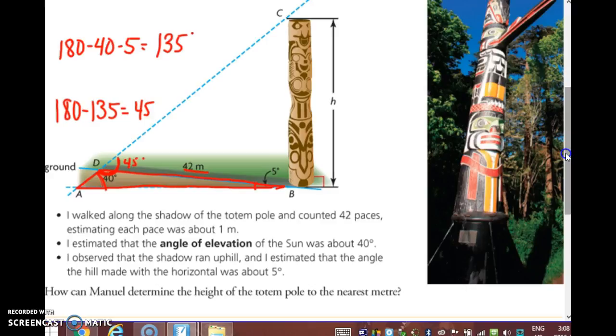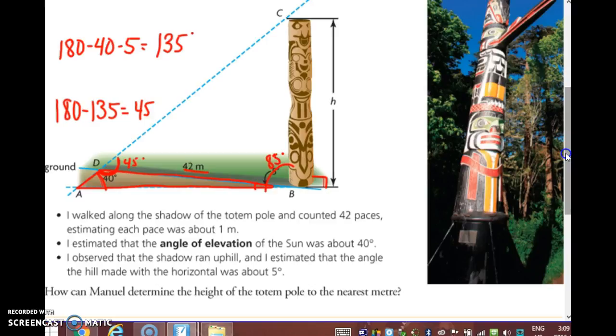Okay? Also, this totem pole should be sitting at a right angle with the ground. So if this little chunk is 5 degrees, that means the remaining piece should be 85 degrees, making a total of 90. So this one should be 85 degrees.